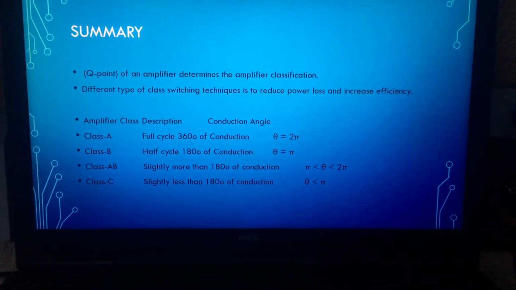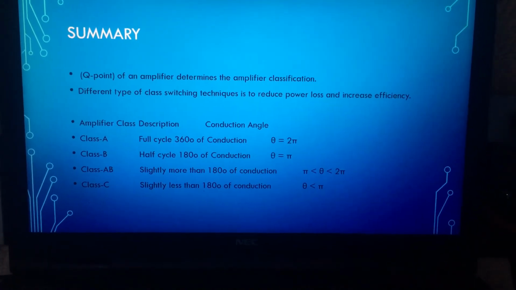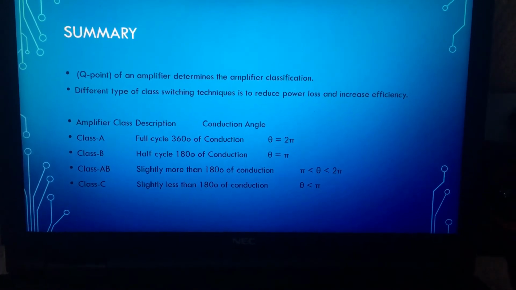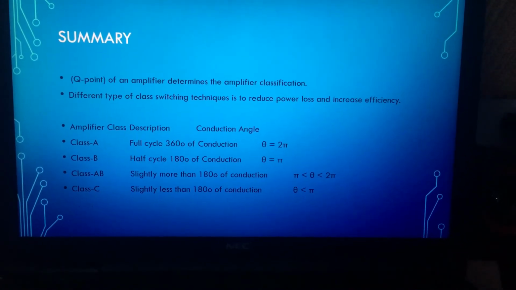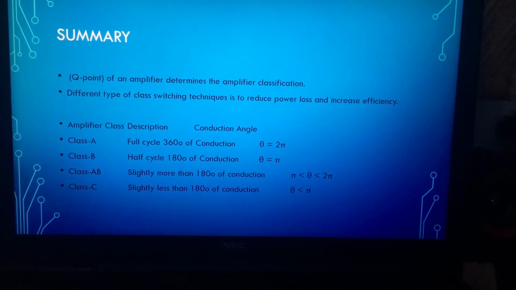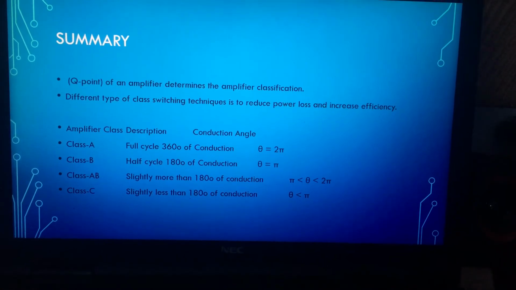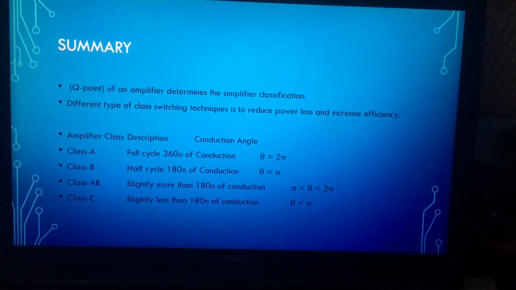Class A: full cycle of 360 degrees of conduction. Class B is half of class A, 180 degrees of conduction. Class AB is slightly more than 180 degrees of conduction, and class C is slightly less than 180 degrees of conduction.